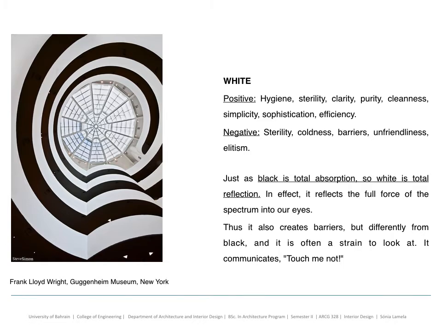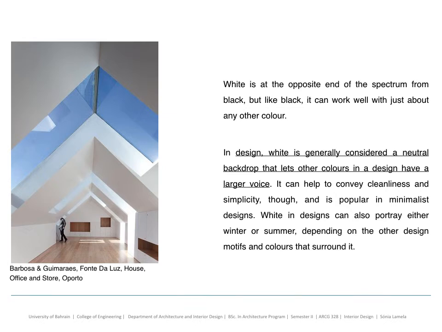That's why many times we go through the cream or beige range, so we can break some of this aggressive feeling that we get from the white. That's why we have warm whites that are more appealing to the users inside the projects.